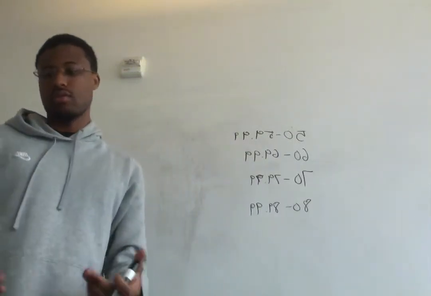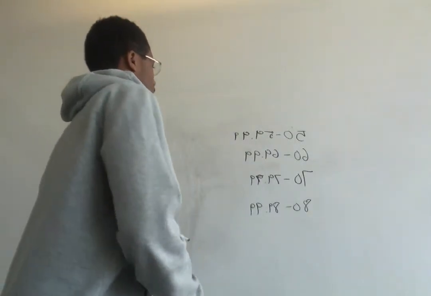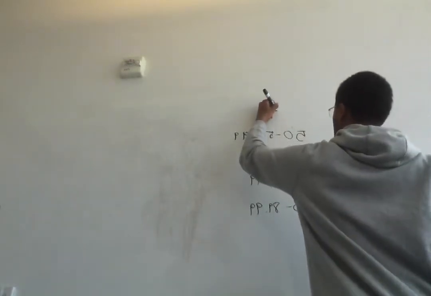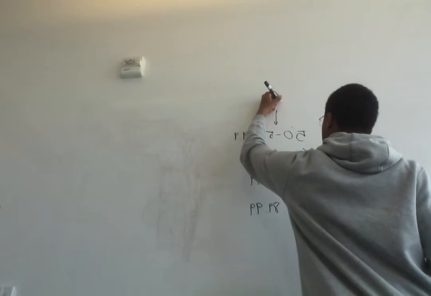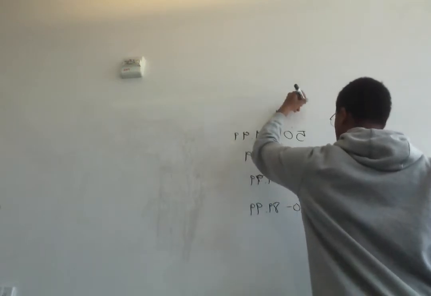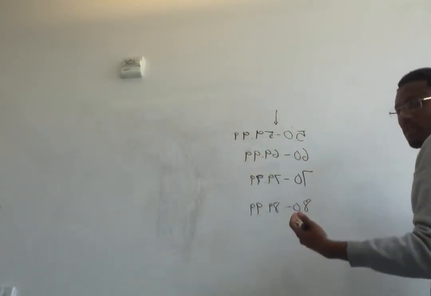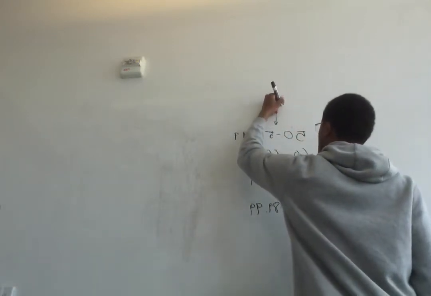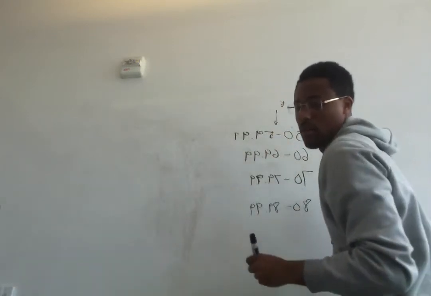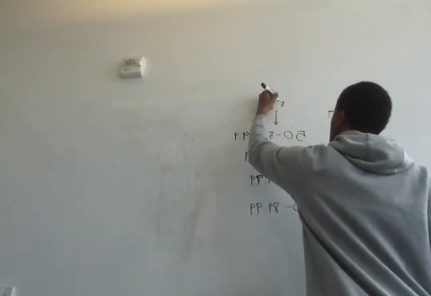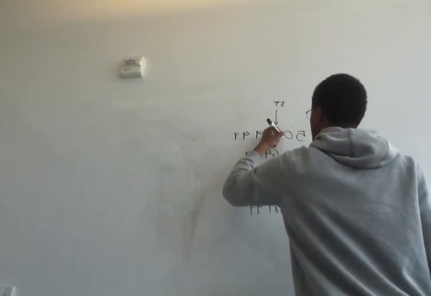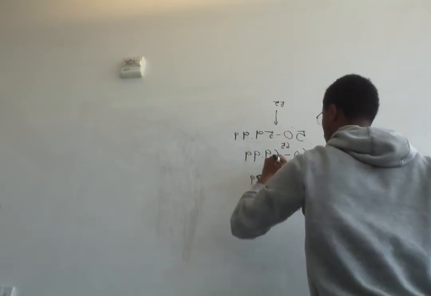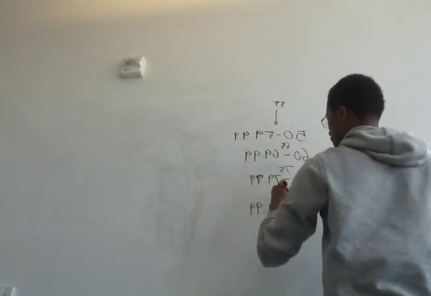In this case, you just want to take the midpoint, whatever number falls between the beginning and the end. So in this case, it would be 55, 65, 75, 85.